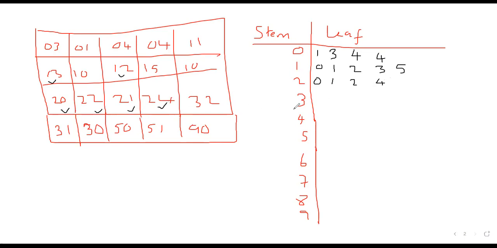Then the 30s, we have what? 30. Then 31. Then 32. Then 40, there's nothing. 50s, 50 and 51. 60s, there's nothing. 70s, there's nothing. 80s, there's nothing. 90s, we have what?